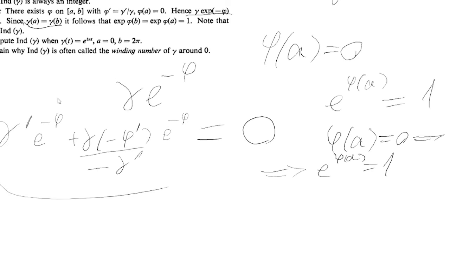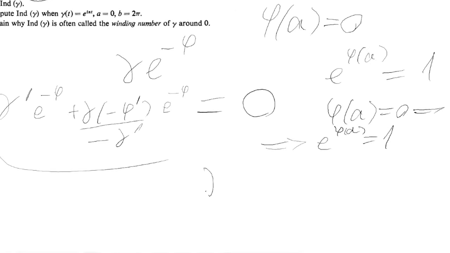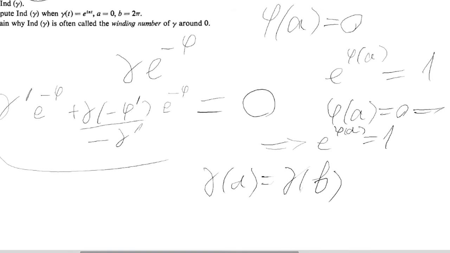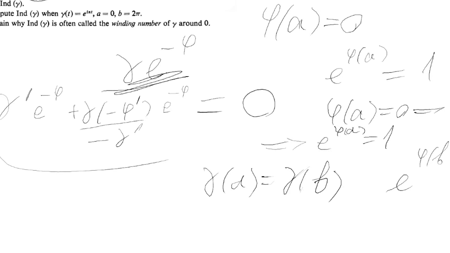And now the nuance here is that gamma a is equal to gamma b, which directly influences the value of e to the power of phi of b, since this thing is constant.